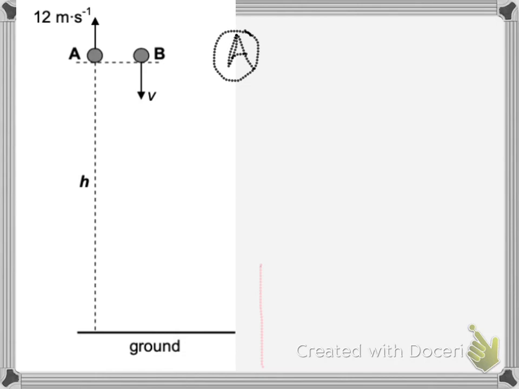So let's take upwards as positive, and obviously downwards will then be negative. The next step would be to write in what is given and what is required. So what we need to work out is the time, and that's the unknown.